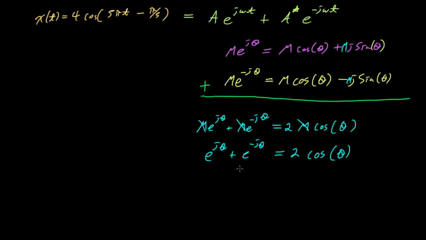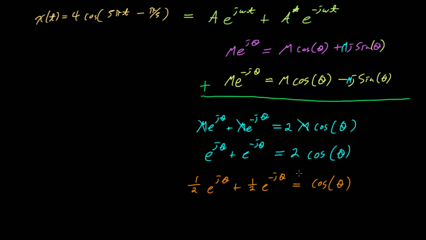The last thing I'm going to do is divide both sides by 2, and I get 1/2 e to the j theta plus 1/2 e to the minus j theta is equal to my cosine.